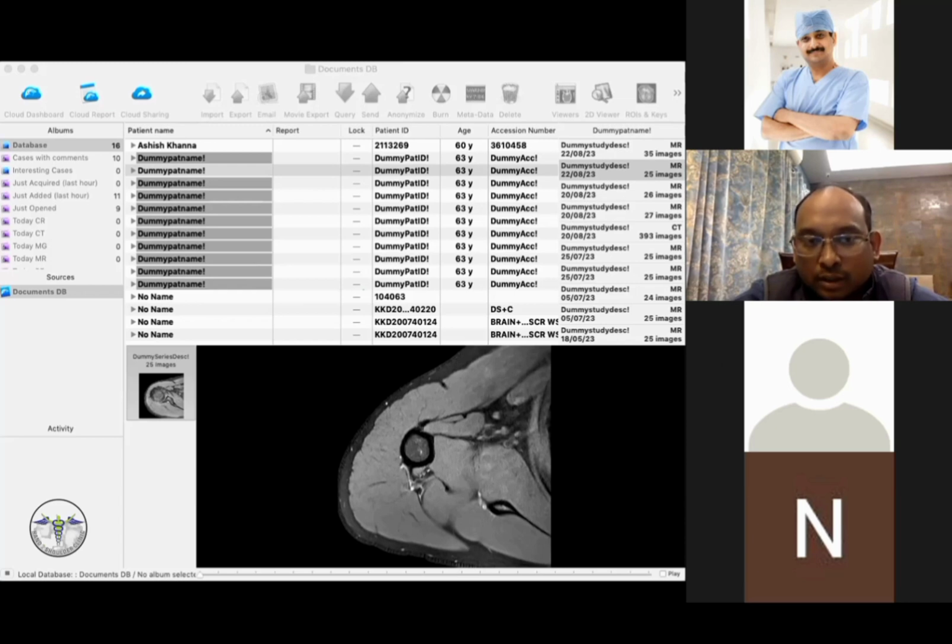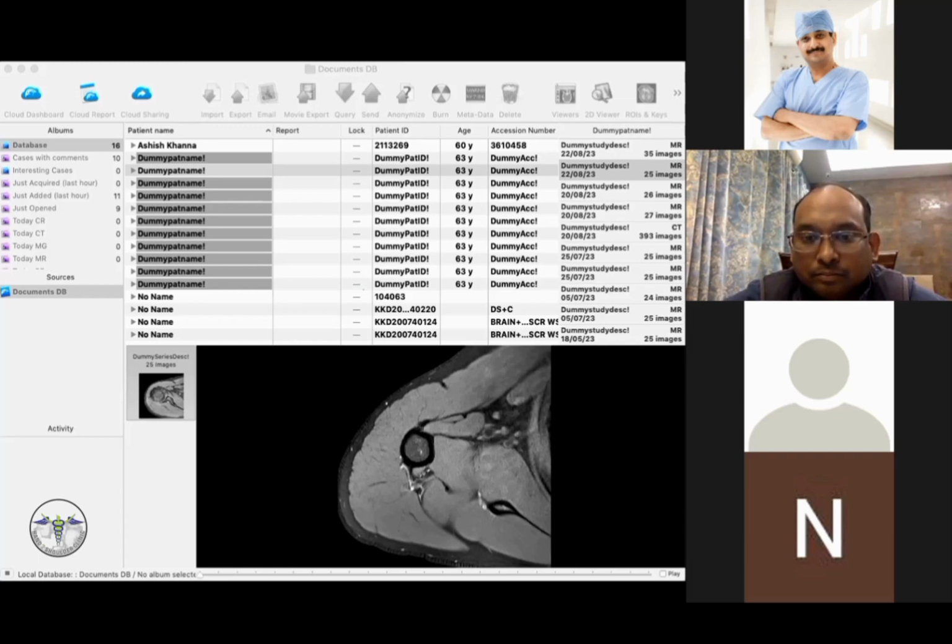Otherwise, in all the examples I showed, we were very confident whether there is a bony Bankart or not, and what the glenoid bone loss is. So there is no requirement for radiation or another modality. In the MR, we see both soft tissue as well as the bony defects. The only thing is it should be done with proper sequencing. That's important.